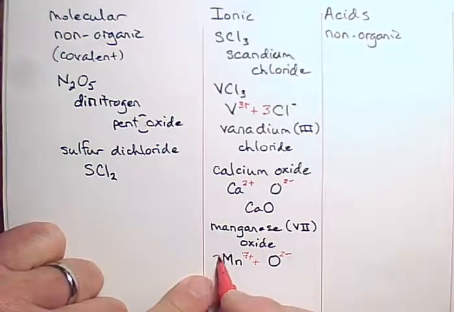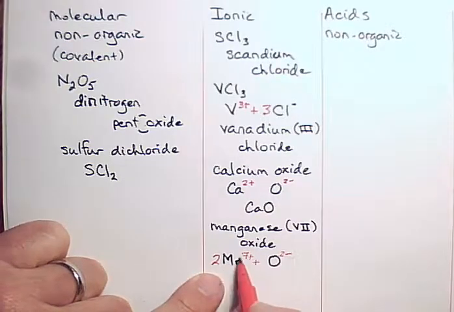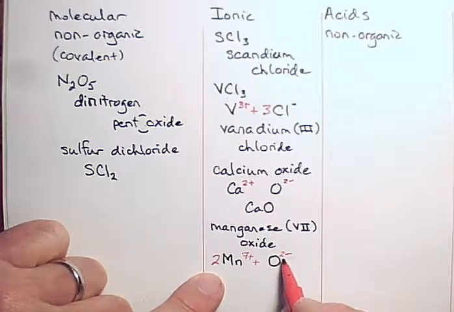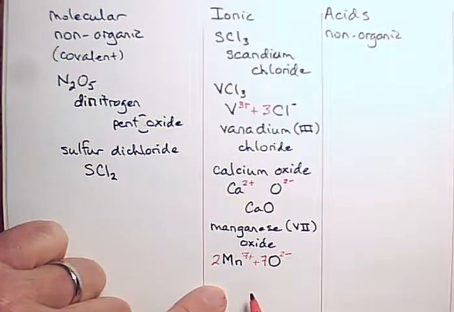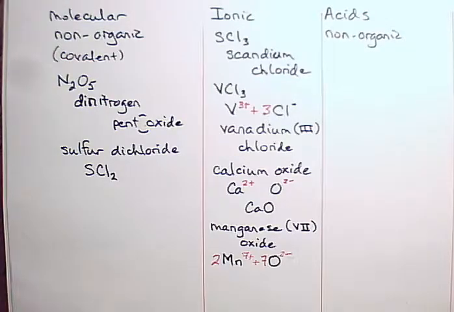Okay. So a 2 here will give me a total of 14 positive charges, not a 5, a 7 here. And a 7 here will give me a 14 negative charge. Okay?